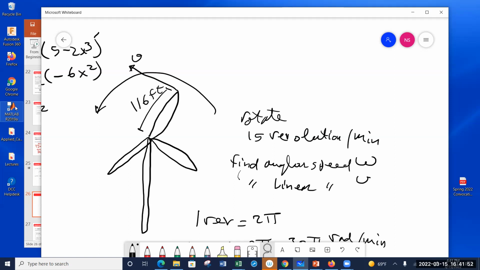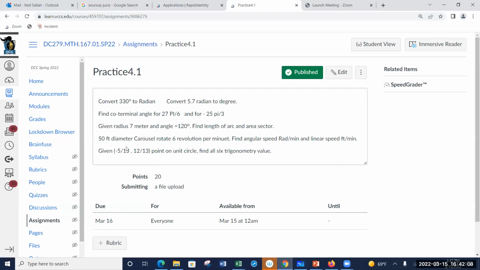It's always just a matter of using the calculator. It's really not that hard, pretty simple. All right, that section is over. Let's go back to the practice. Now we can solve everything you see in here. Also I give you an example: a 50 feet diameter carousel rotates 6 revolutions per minute. Find the angular speed in radians per minute, and the linear speed in feet per minute.